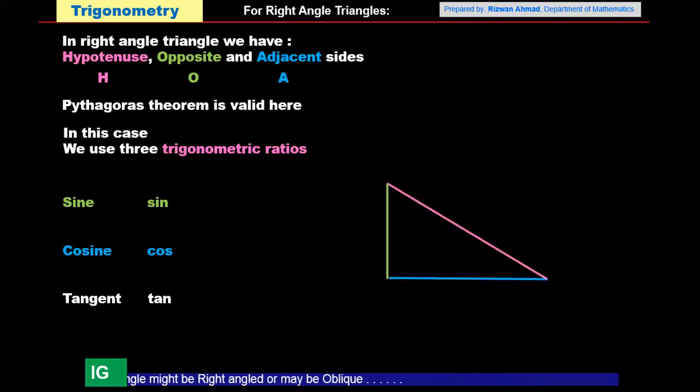If we have a right angle triangle, so B is having the 90-degree right angle.